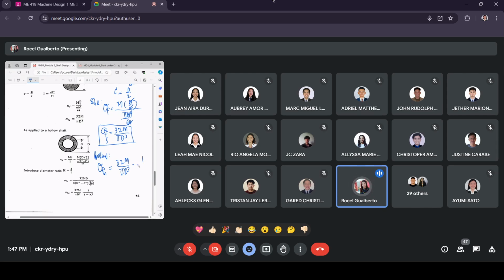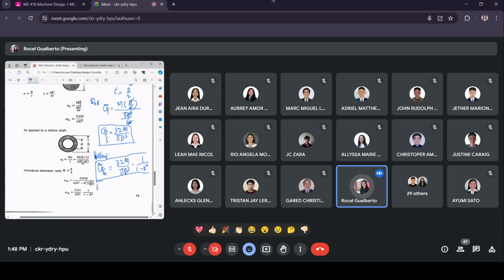That is simply 1 over 1 minus k to the fourth. So that is simply the stress value of the solid, multiplied by the hollow factor if it is hollow. This would be the flexural stress of a hollow shaft: solid multiplied by the hollow factor.